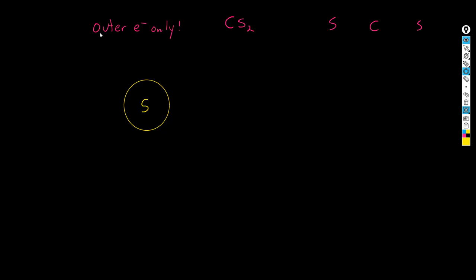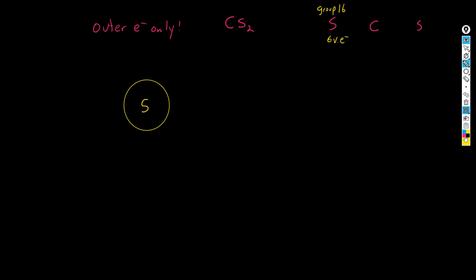Again, this is outer electrons only, so we're only going to draw this outer shell. Now, sulfur is a group 16 element, and this is very important for you to remember how to do. Sulfur is a group 16 element, meaning it has how many electrons? 6 valence electrons. We can choose whether we're doing crosses or dots.